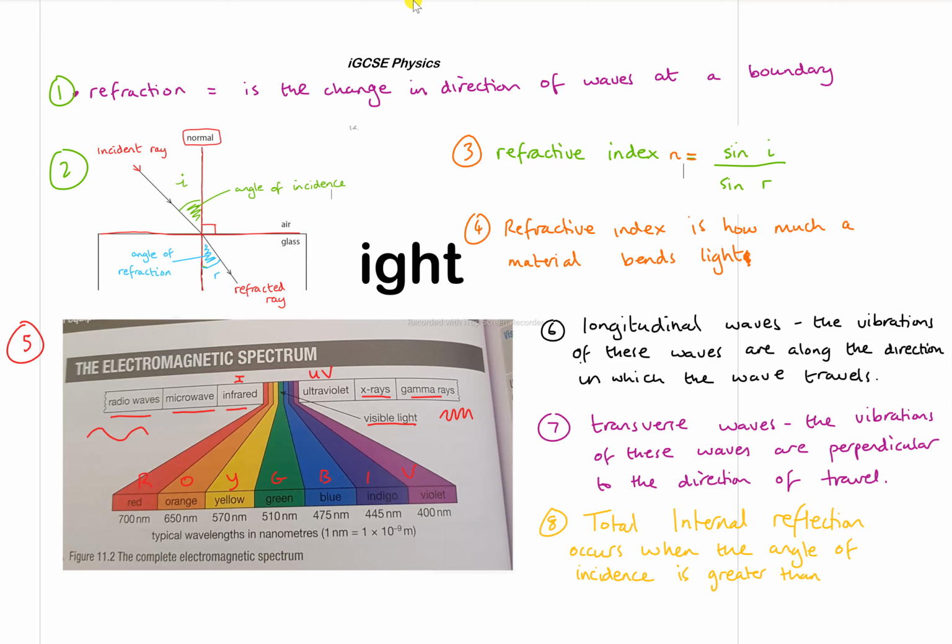So total internal reflection, which you might see as TIR, occurs when the angle of incidence is greater than the critical angle.